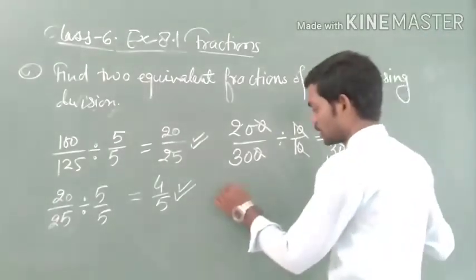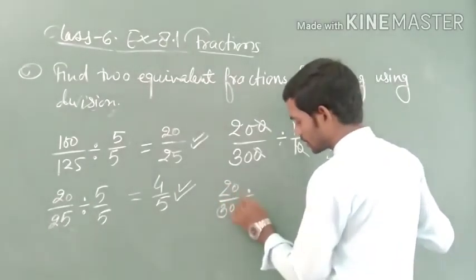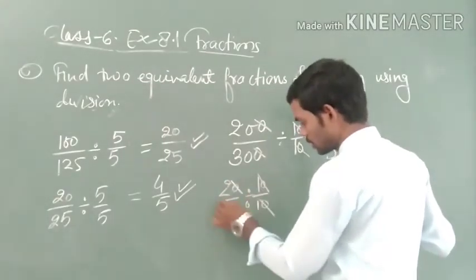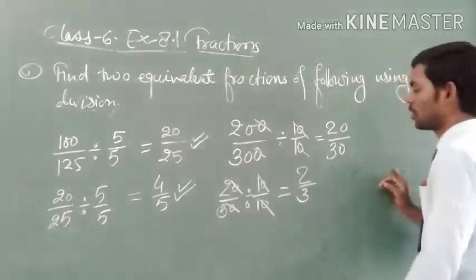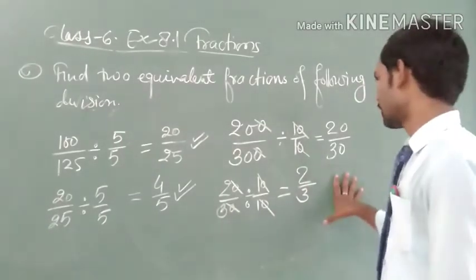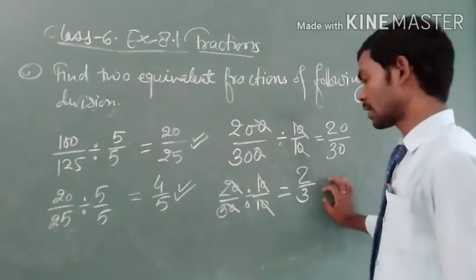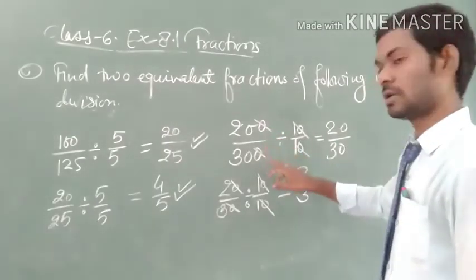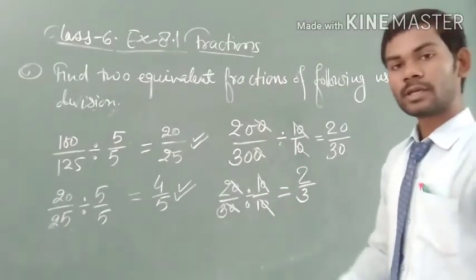So you can divide 20 upon 30 by 10, and now we get 2 upon 3. So we can say that 20 upon 30 and 2 by 3 are the equivalent fractions of 200 upon 300. Let's solve this question in another manner.